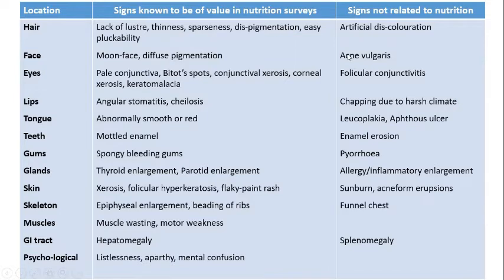But on the other hand, artificially discolored hair, whether browned, blackened, or whitened, is not related to nutrition deficiency or any nutrition related condition. You have to understand that carefully.